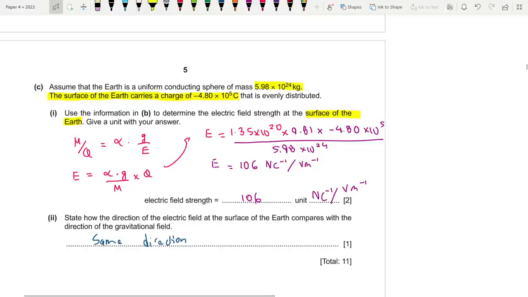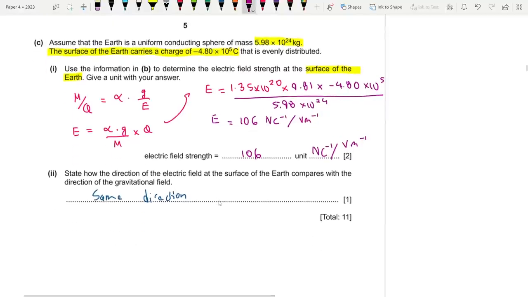State how the direction of the electric field at the surface of the earth compares with the direction of the gravitational field strength. So we know that this is the earth and it has mass. For any mass out there, you guys know that the gravitational field lines point inwards, right? So it's inwards. Now it has a charge of negative.